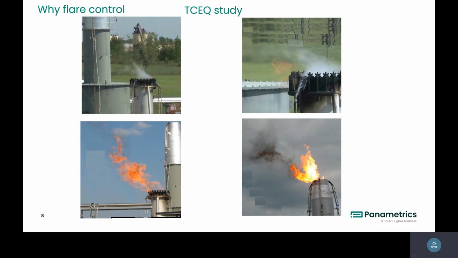On the other extreme, if you have too much steam, you can almost put out the flame and the combustion is actually terrible. It basically doesn't combust much and just releases all the toxic chemicals to the air. That's of course another no-no. That's why, especially after the TCEQ studies, EPA said we need to have this MACT rule.